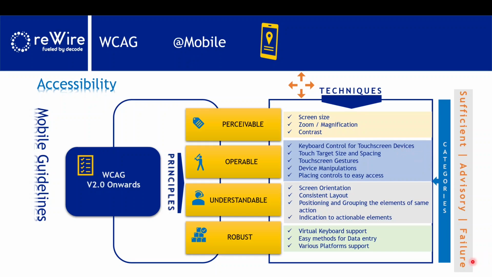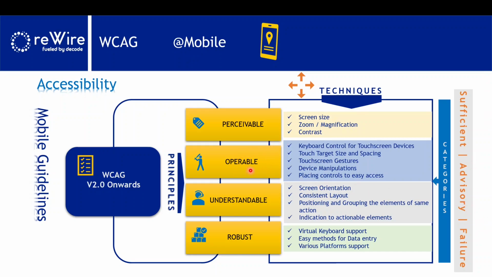And then failure, what they have defined is, suppose screen size fails to meet the certain standards, what is the impact on that particular application, and how will that impact the business of that application. Those guidelines they have given on the WCAG side. So predominantly these techniques fall under these three categories.